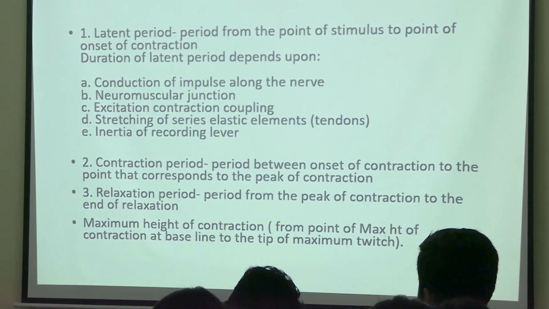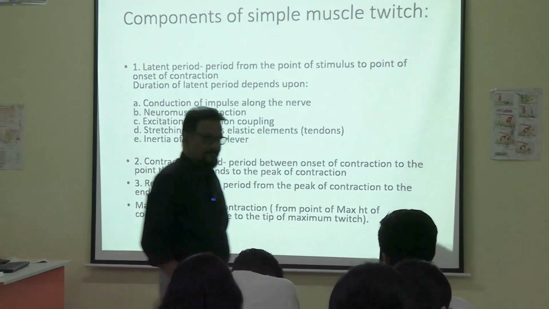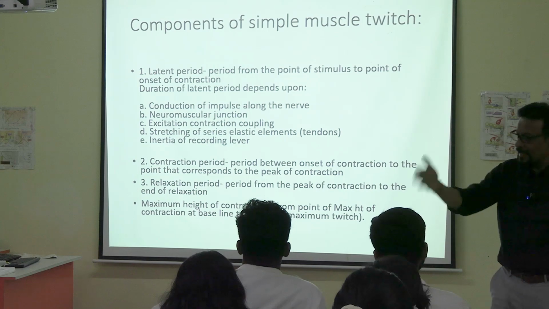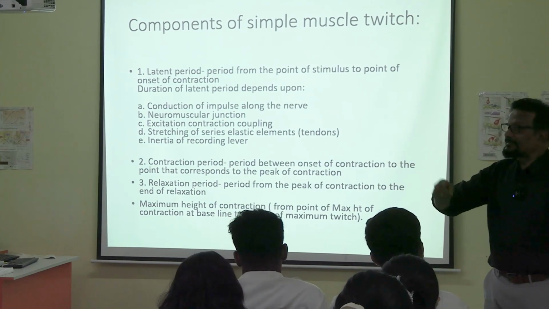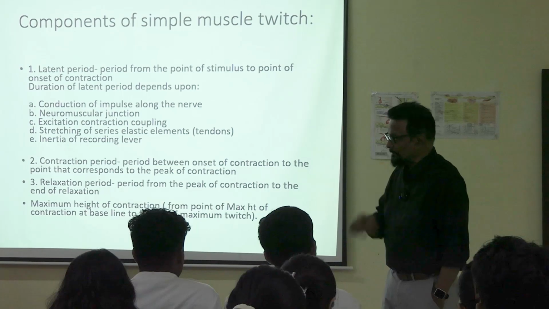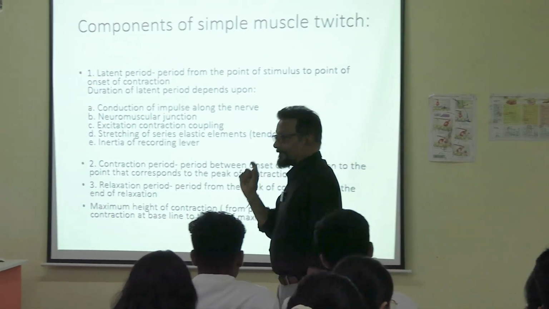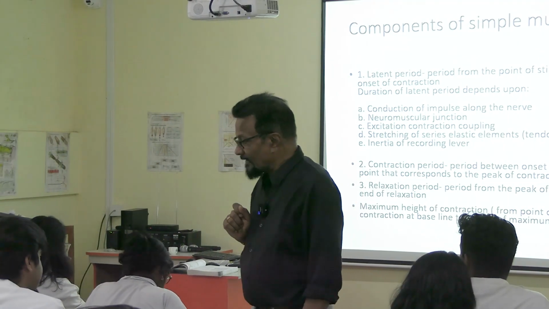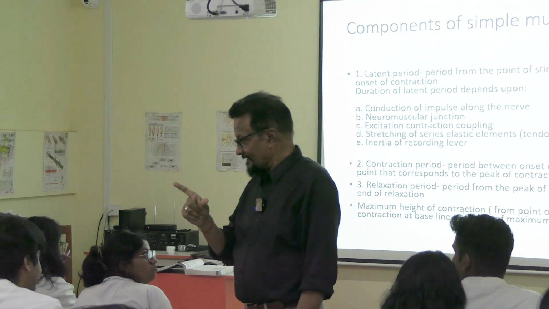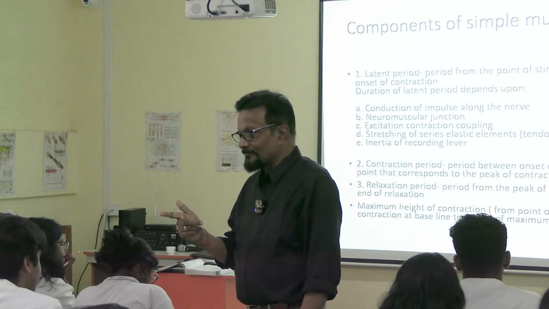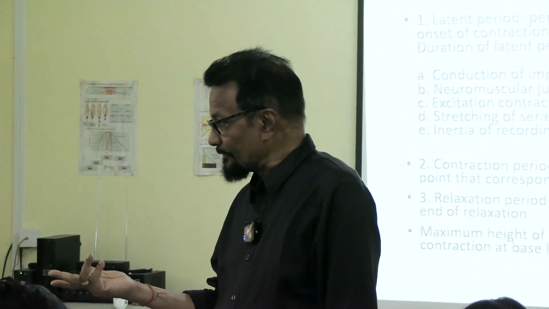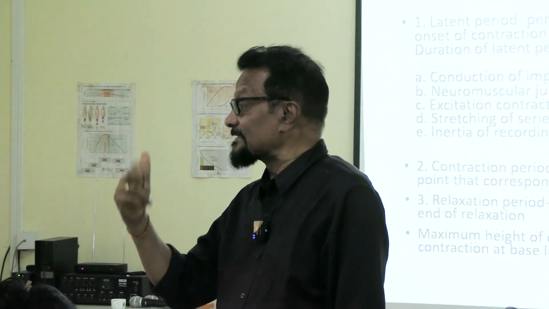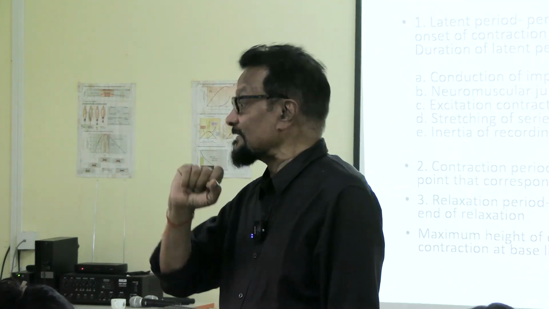How can you determine the rate of contraction? At what rate is the muscle contracting? For determination of rate, you need time and distance. Rate means per unit of time, how much work is done, or how much distance is traveled, or how much contraction is made.